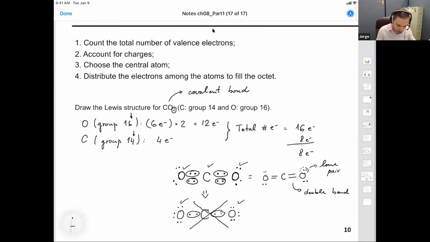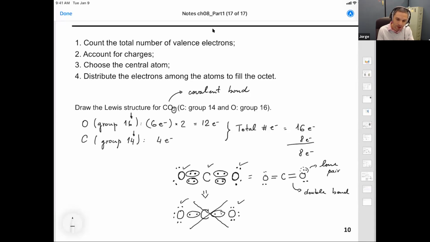And remember, each bond always has 2 electrons, and the 2 electrons belong to both atoms. So 1, 2, 3, 4, 5, 6, 7, 8. So when we have 2 double bonds, we have 8 electrons for the carbon. And that's how this molecule is going to be stable.